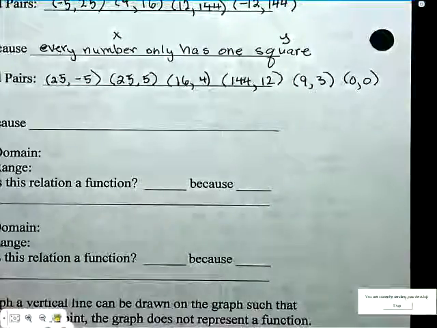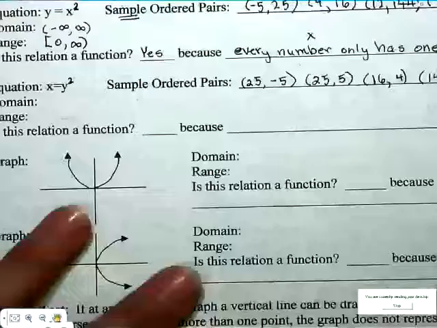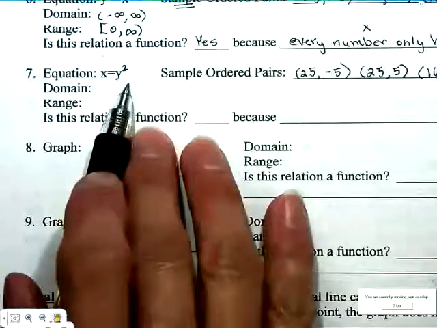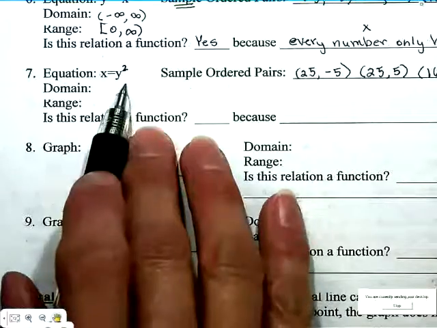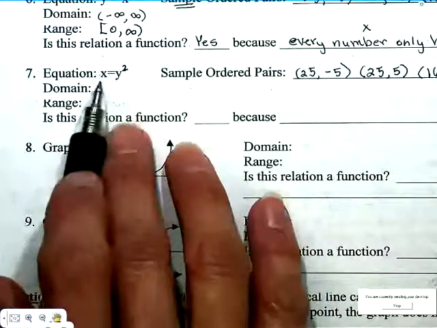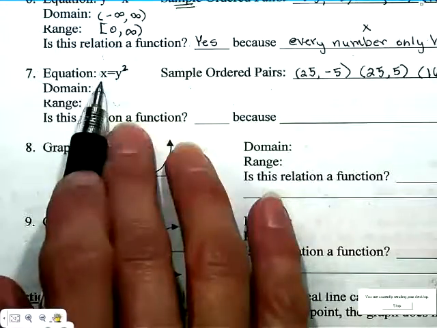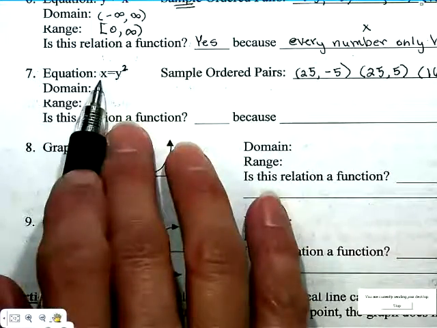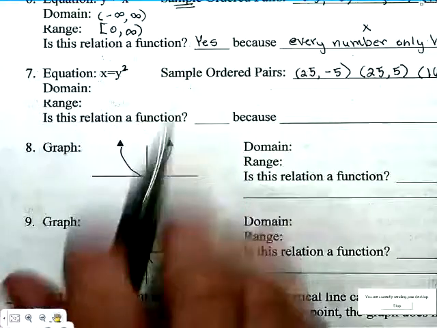So what is the domain? What kind of x's can be obtained from squaring y's? Here you're not going to get any negative x's. If x is the square of y, then you're not going to have any negative x's. The very smallest x you're going to have in this relation is what? 0.